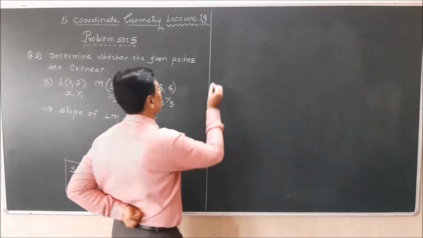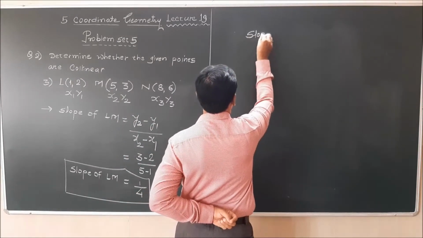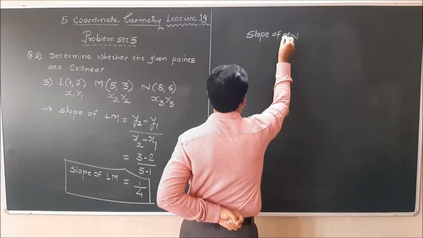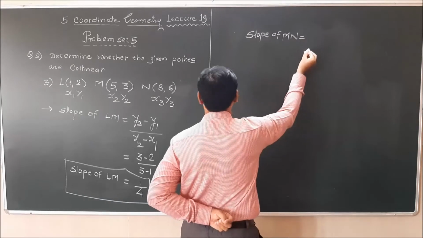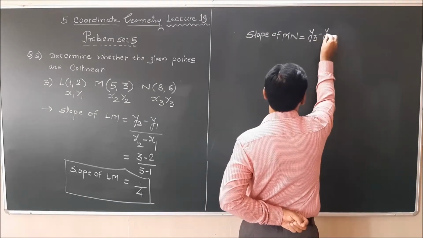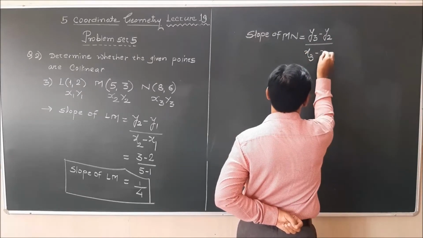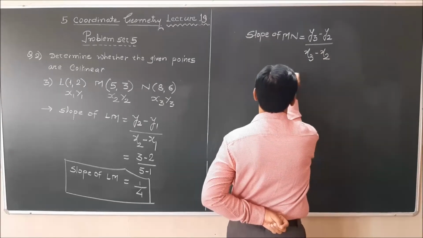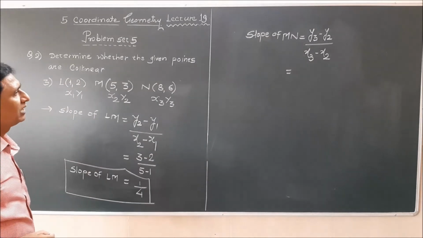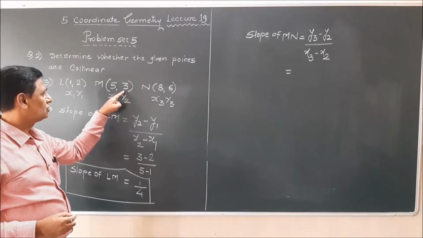In the same manner, I am going to find out slope of MN. So slope of MN is equal to, for finding slope of MN, y3 minus y2 upon x3 minus x2. y3 is 6, y2 is 3.